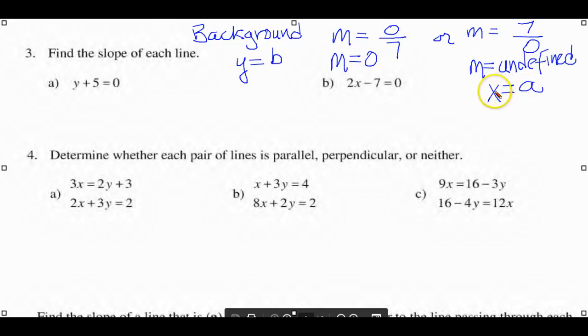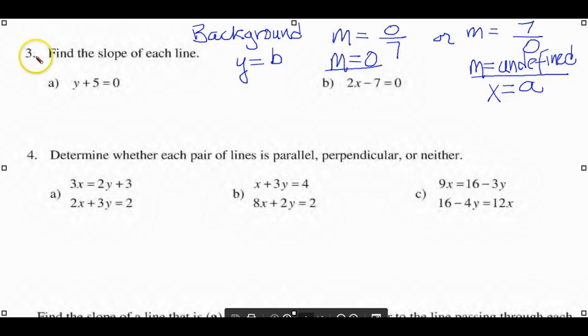So anytime you have a vertical line, the slope is undefined. Why? Because when you did the calculation, it ended up 7 or some number over 0. Here, when you did the calculation, you had 0 over 7. This is the slope of a horizontal line. This is the slope of a vertical line.